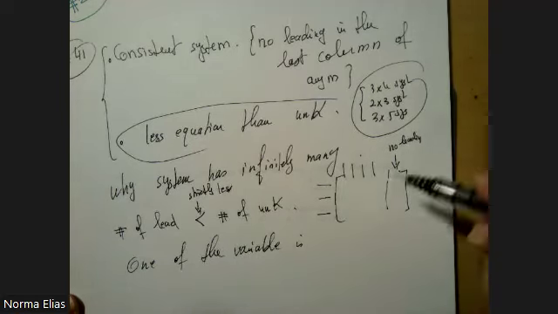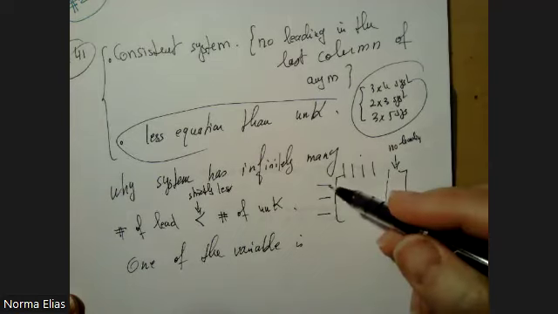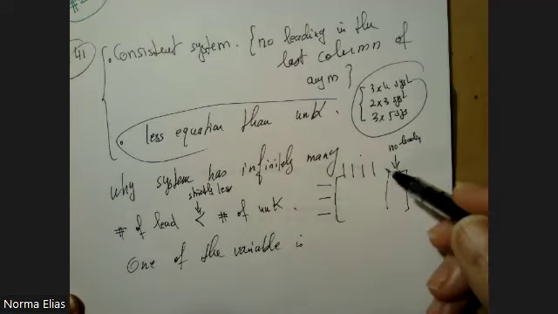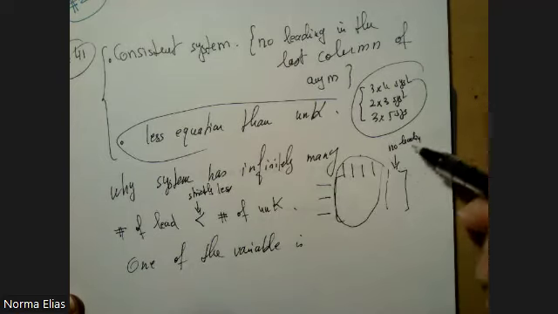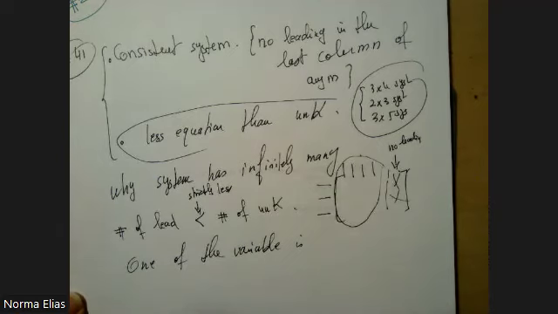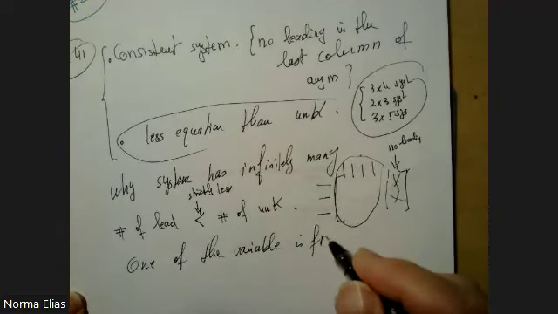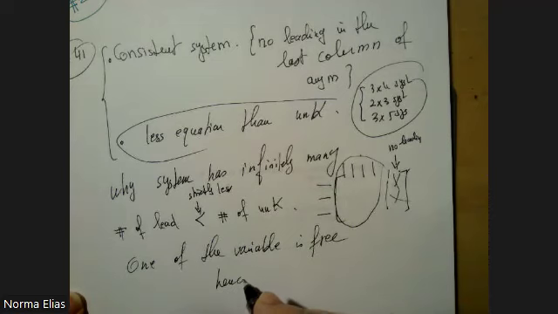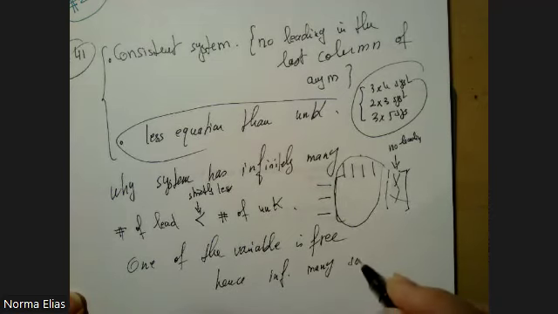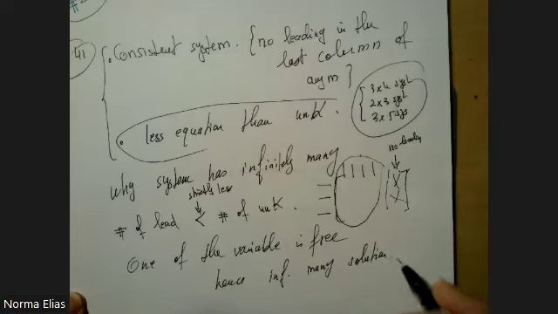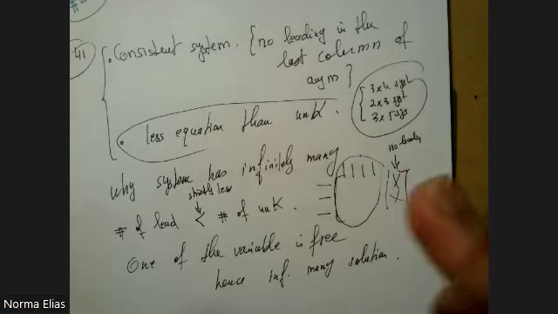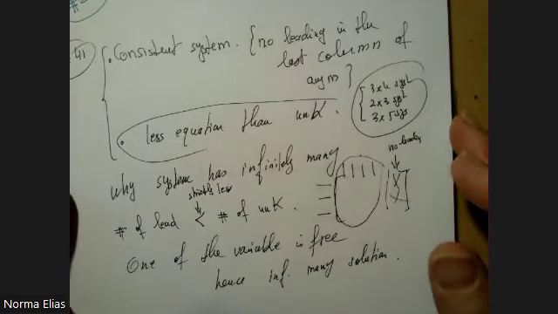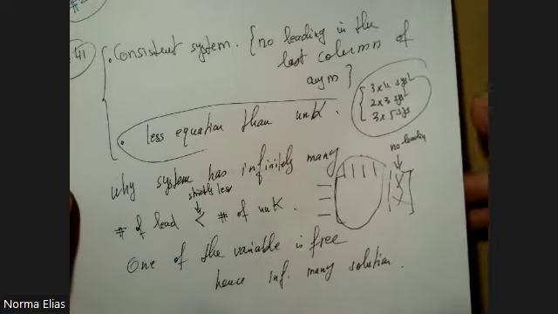If we have 3 leading entries, they have to be in the coefficient matrix because of the consistency. One variable is free, hence infinitely many solutions. So whenever consistency is guaranteed and we have fewer equations than unknowns, we always have infinitely many solutions.